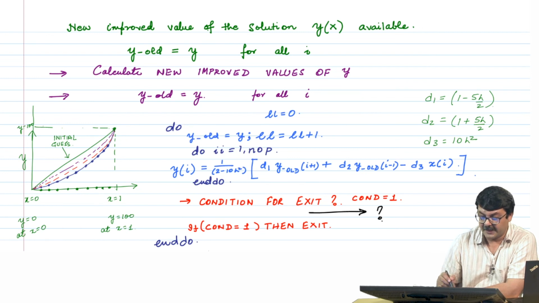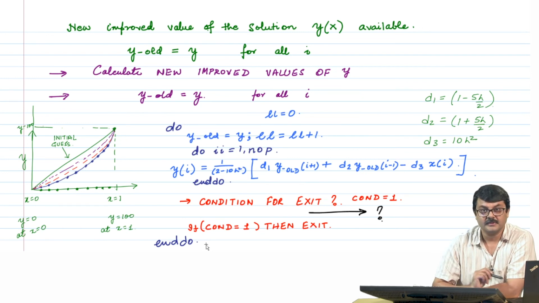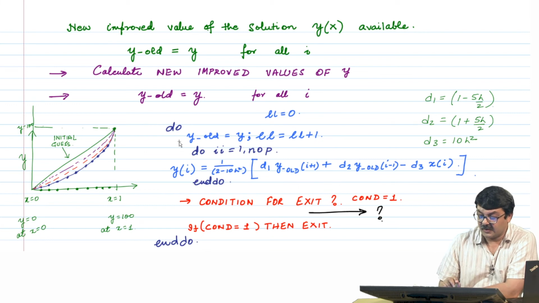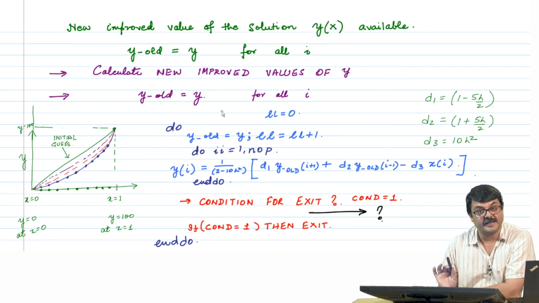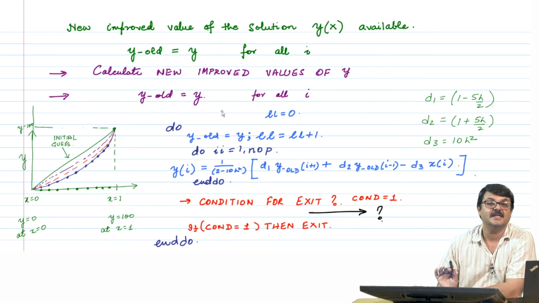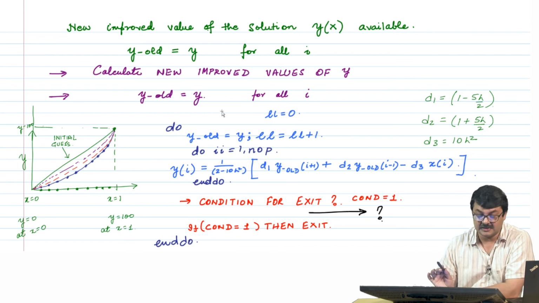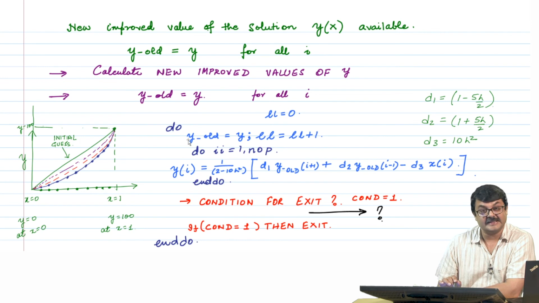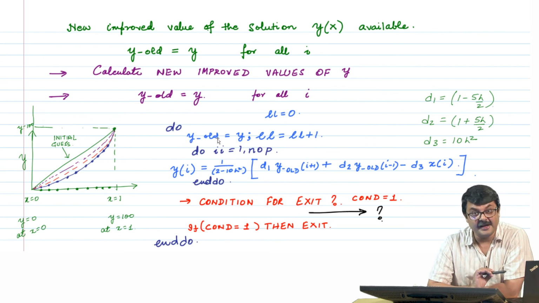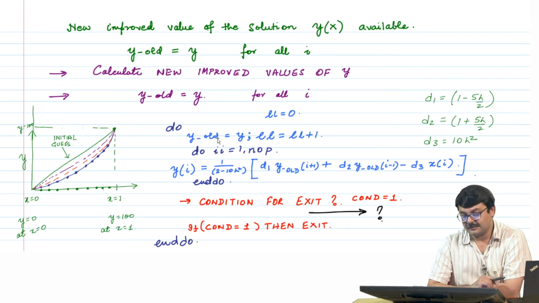So, do and do here, right, and before that you have some guess for each value of y i, the value of y at each of the grid points, and suppose y old stores that. The y old is an array and it is of length p, of course.